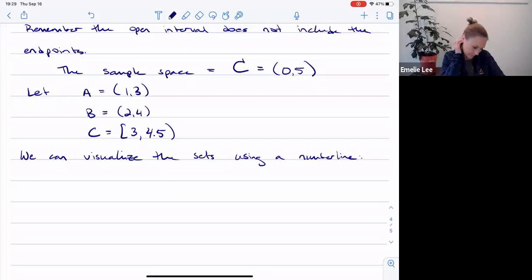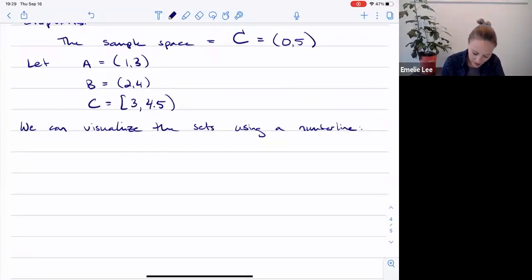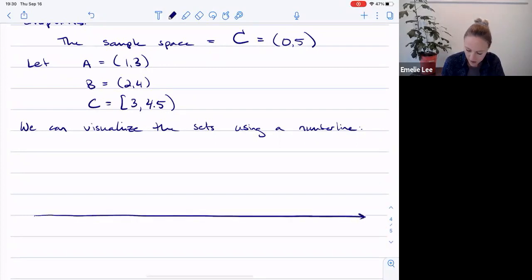What I like to do is first have the number line down below, and then draw out each set above it. So I leave a little bit of space here and I draw just my number line, showing from negative infinity to infinity.